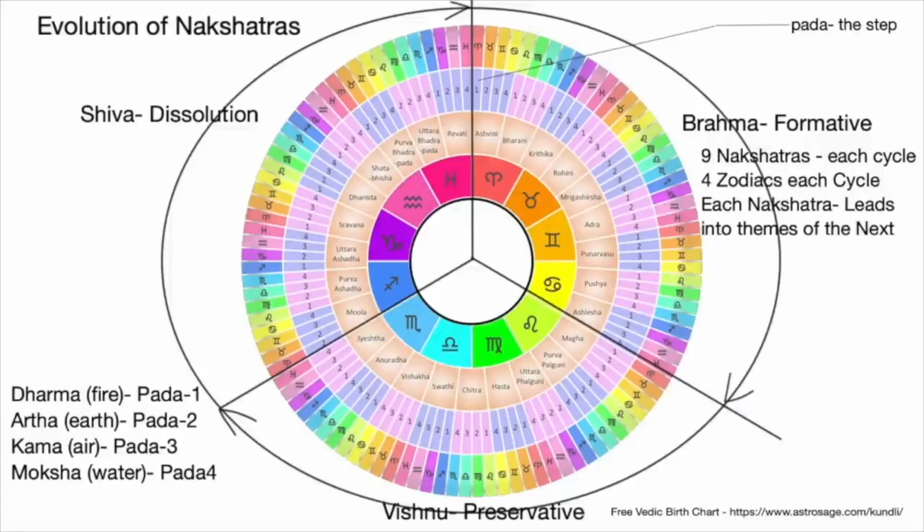And the second 4 of them, the Vishnu, what I call the bottom one, as you can see, the preservative energies. The preservative energies is number 5 to 8, where you engage creatively, where you love, where you have children, where you engage with the external world, where you do some work, where you have gains and losses of life, learn through gains and losses of life. That's the second, 5 to 8.